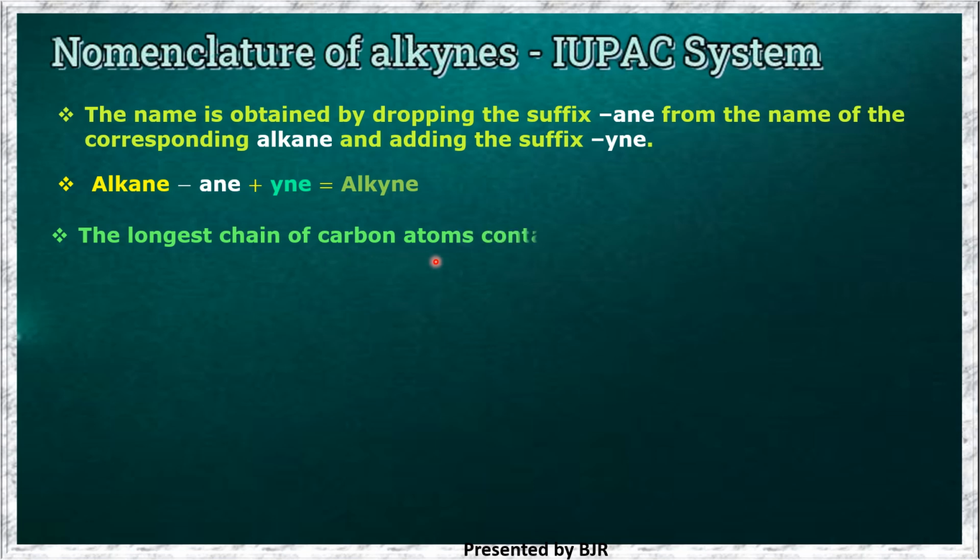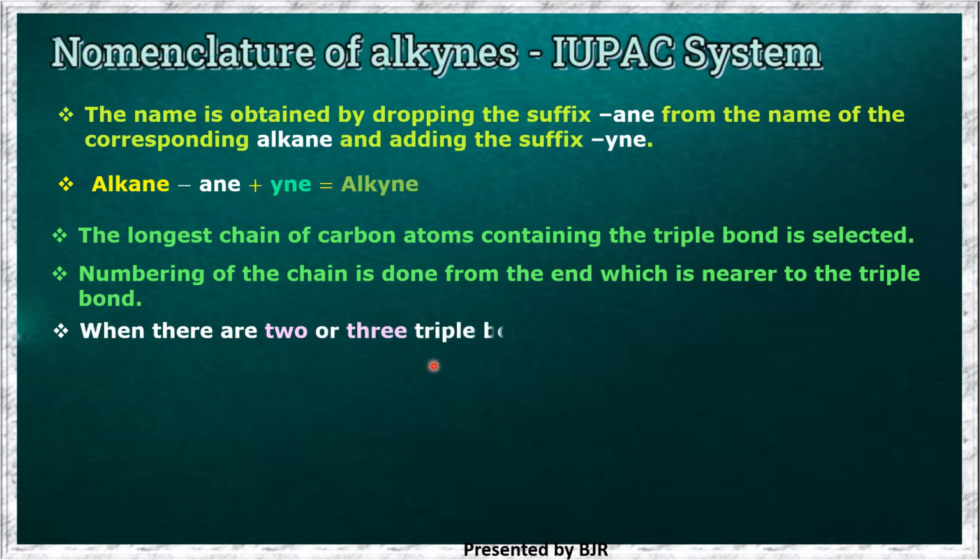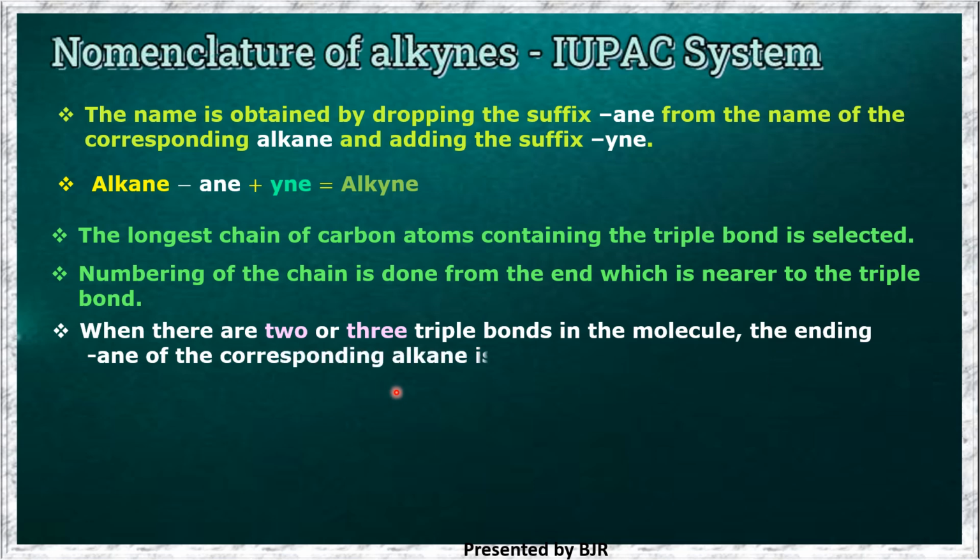The longest chain of carbon atoms containing the triple bond is selected. Numbering of the chain is done from the end which is nearer to the triple bond. When there are 2 or 3 triple bonds in the molecule, the ending ane of the corresponding alkane is replaced by adiyne, atriyne, that is alkadiyne, alkatriyne, like this.